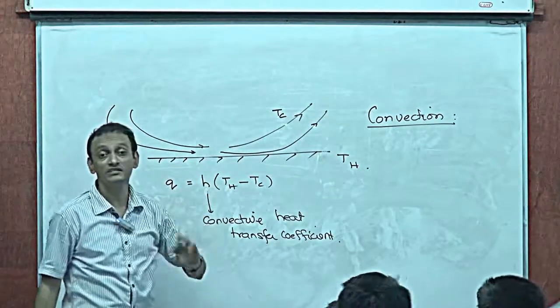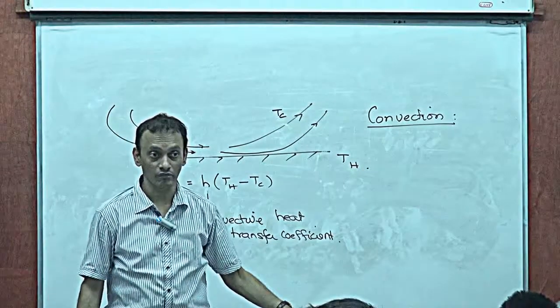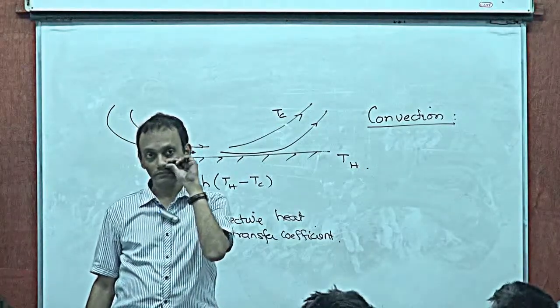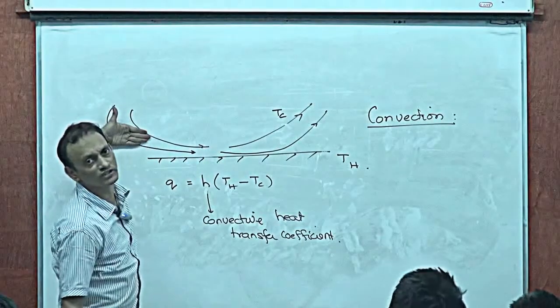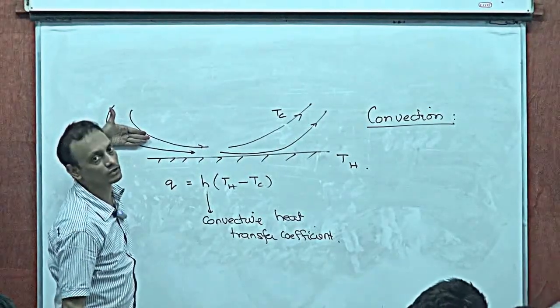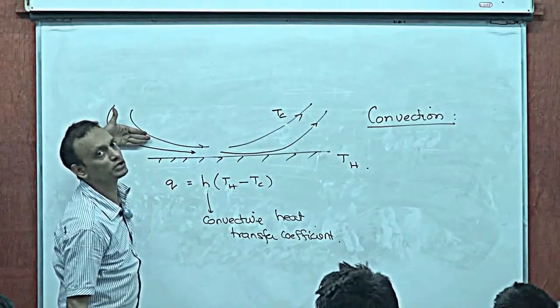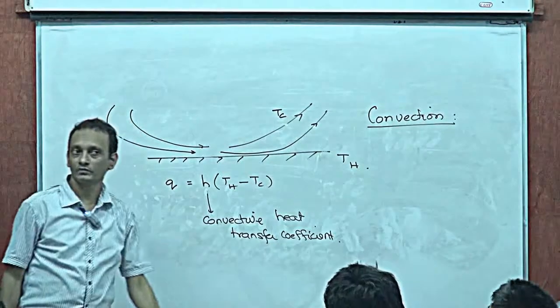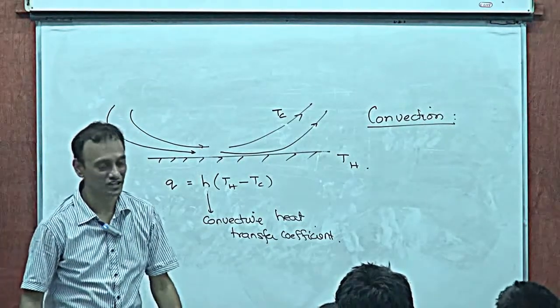This problem of convective heat transfer is very, very involved. I mean, like I said, it will depend on all the properties of this fluid. Yes, it will depend on the thermal properties as well as other properties of this fluid. Everything. So then, it's really complicated.